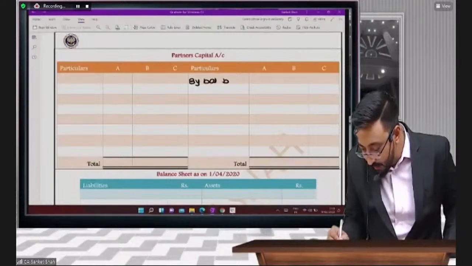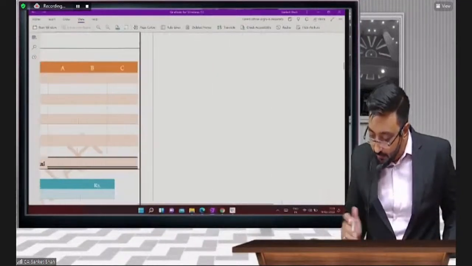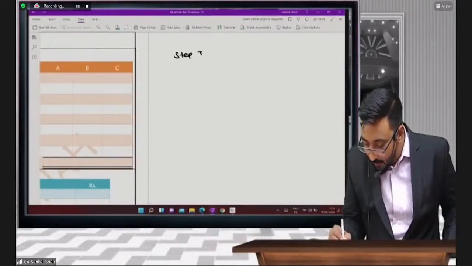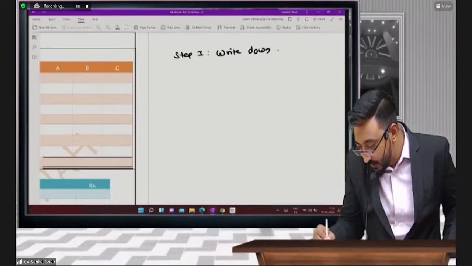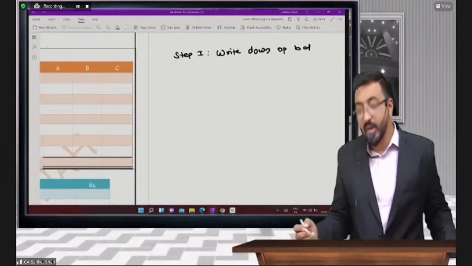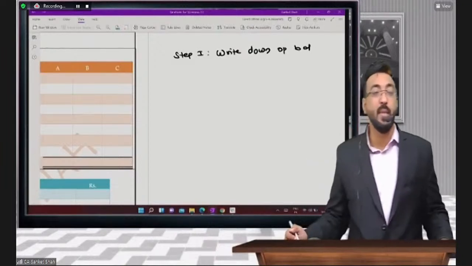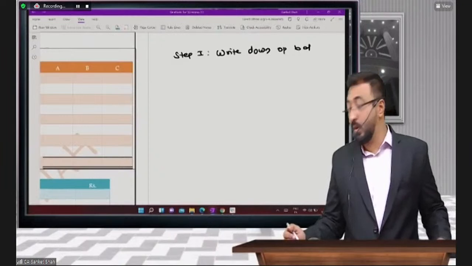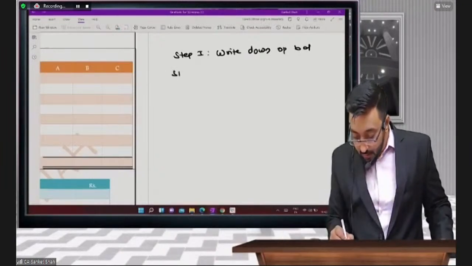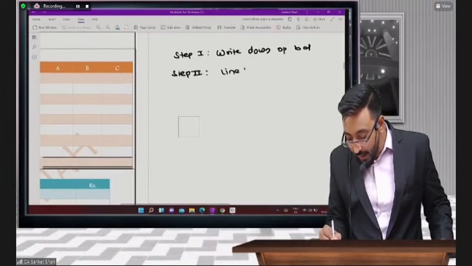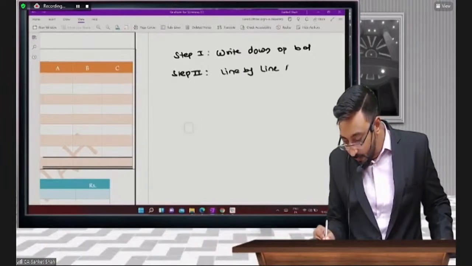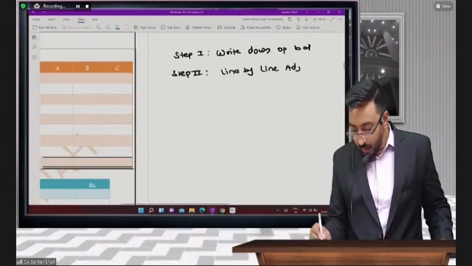Always the first step. What is step 1? Step 1, write down opening balances. So opening balance is not in memorandum revaluation. Opening balance is in the balance sheet, so partners capital. Step 2, line by line adjustment.